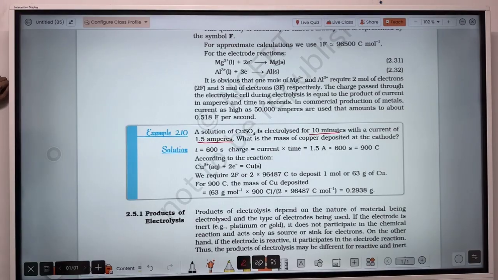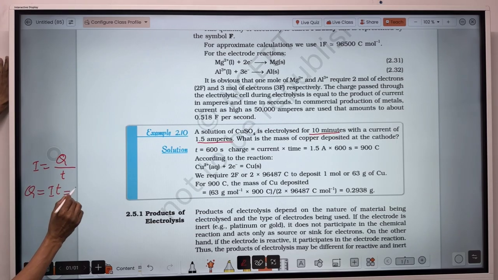You already know current is equal to charge by time. When current is in ampere, charge will be in coulomb and time in second. So here current is 1.5 ampere, so the total charge passed through the solution is I into t.